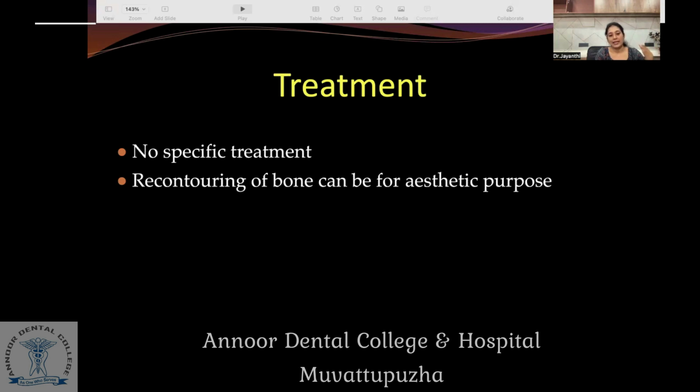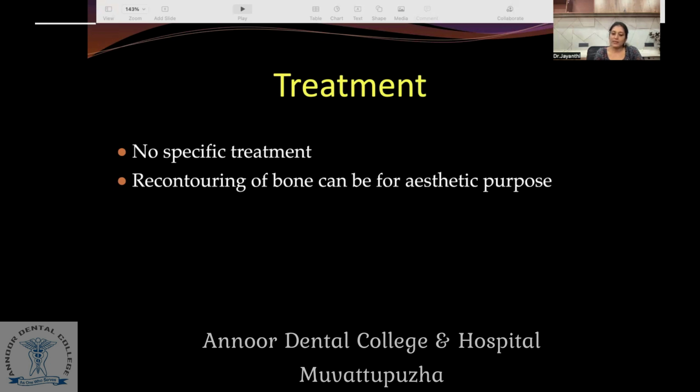Once the child attains skeletal maturity, the growth of the bone will also stop. So aesthetic correction, that is trimming and recontouring of bone, can be done. Otherwise, the person will have one-sided swelling and deformity, so aesthetically and psychologically they will have an issue.